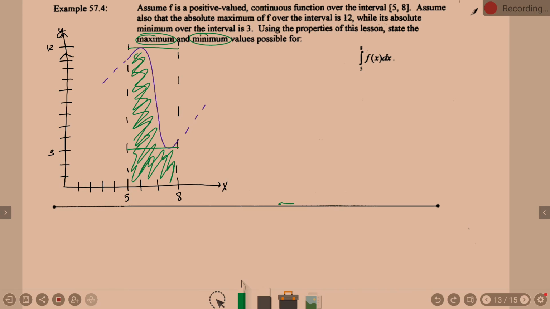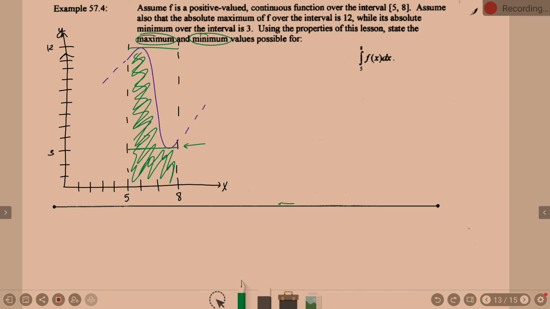But minimum area is, we know at some point there's a minimum value of 3. Maybe the whole thing has that minimum value of 3. We don't know, okay? And so with that in mind, if we're just trying to find the area at that minimum value point, what is the area under the curve at that point? So what do you see right here? A rectangle.